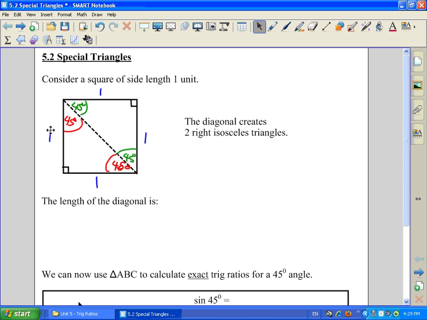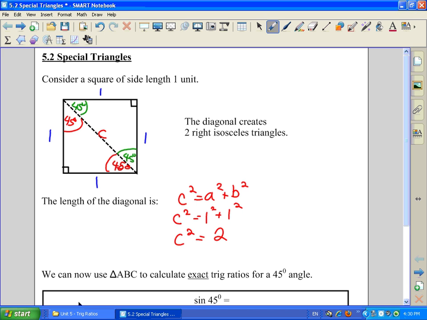And then it says to calculate the length of the diagonal. So the length of the diagonal, we could just call it C. It doesn't matter which triangle you use. Hopefully you recognize to use the Pythagorean theorem, because C squared equals A squared plus B squared. Subbing that in, you get C squared equals 1 squared plus 1 squared. So C squared equals 2.